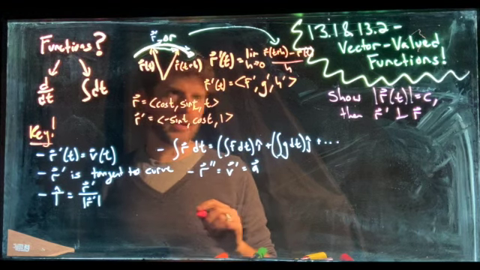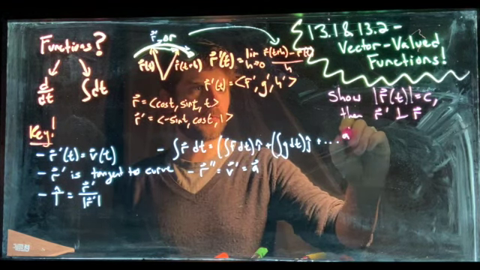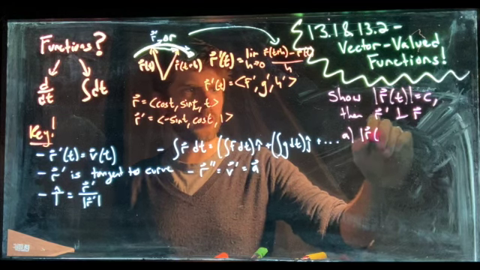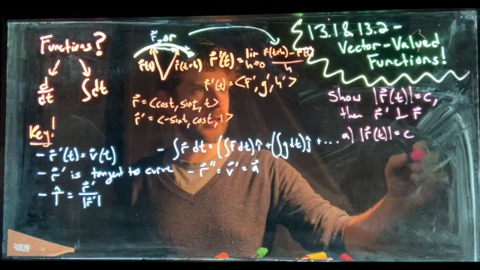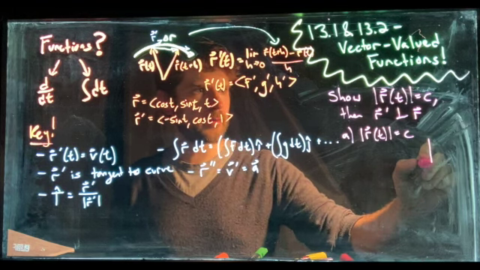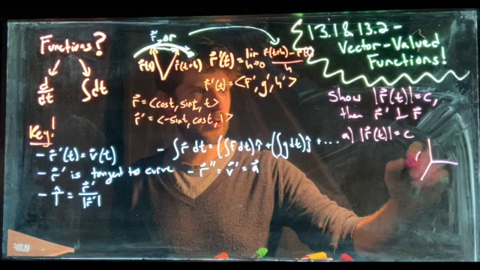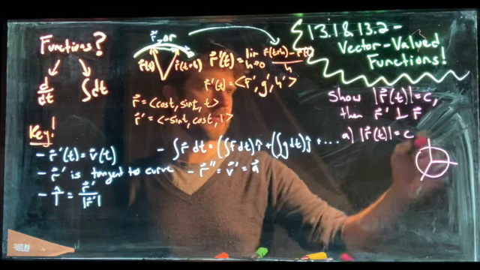So I want to break this down and first ask, what does it even mean to have the magnitude of r be constant? One way to interpret that is that in 3 dimensions, you're always on a sphere.